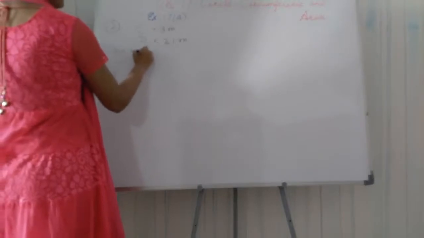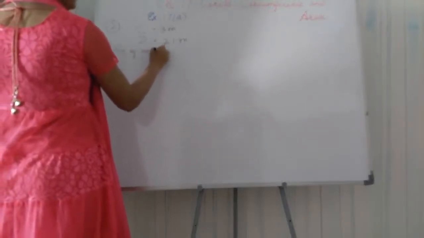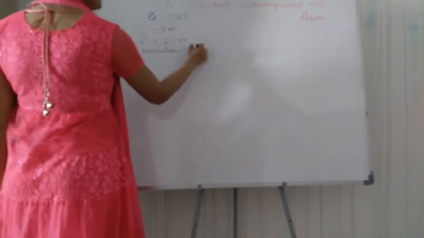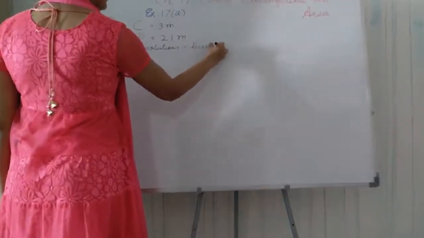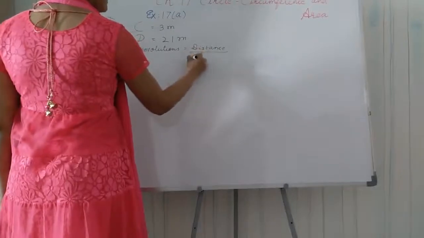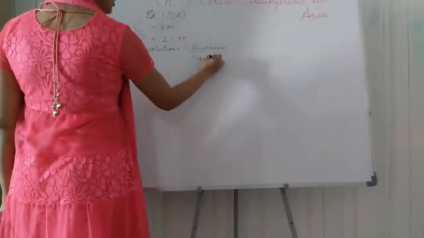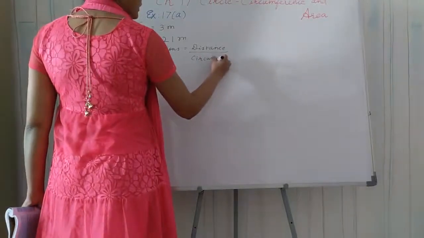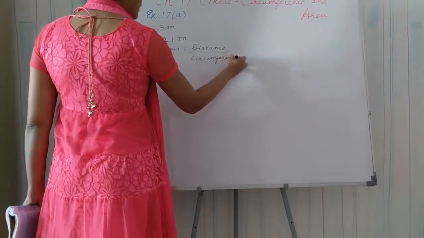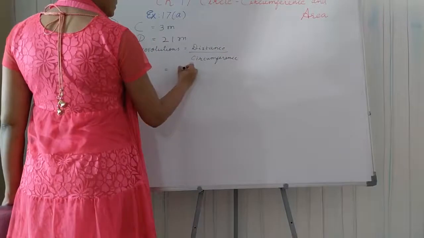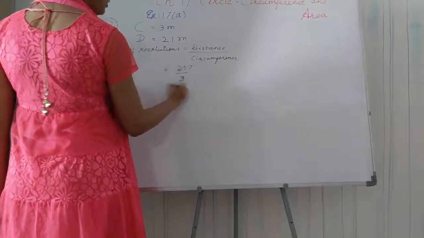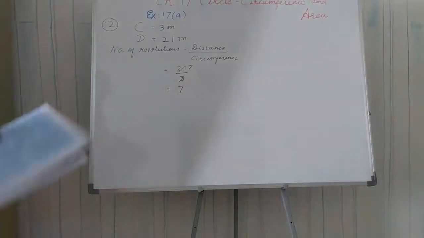The formula, already explained to you, is distance covered divided by the circumference of the roller or the wheel, whatever is given in the question. So accordingly we substitute the values, 21 divided by 3. So we get the number of revolutions as 7 revolutions.